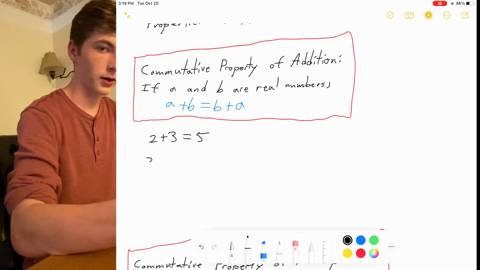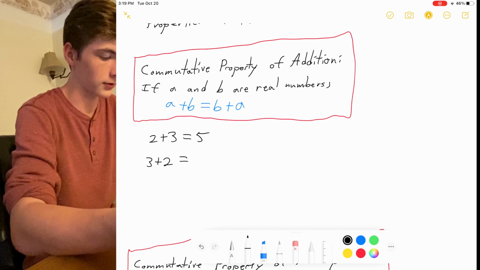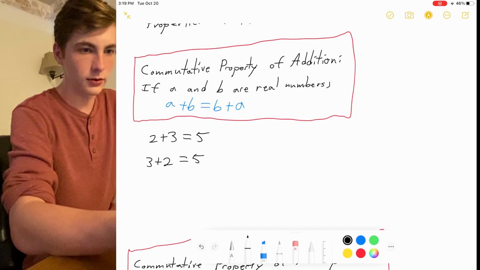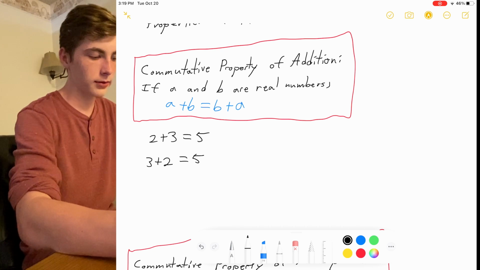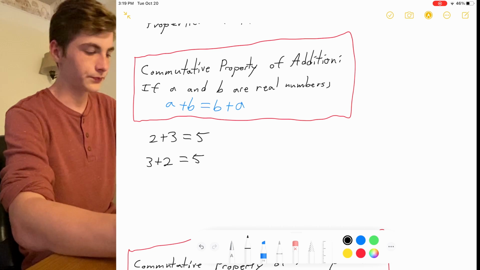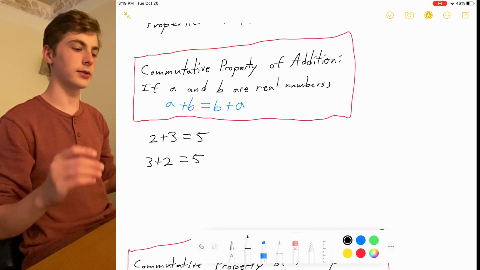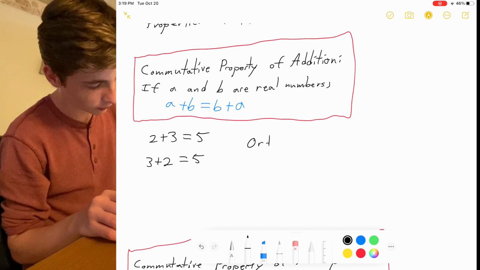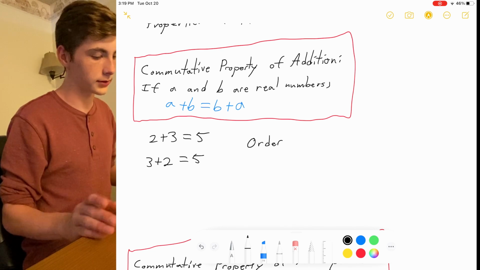What if we made it 3 plus 2? Well, that doesn't change anything, right? That equals 5 still. It doesn't matter what order we put these numbers in when we add them, they're still going to make the same result. That's all the commutative property tells us: the order of the numbers when we're adding doesn't matter.